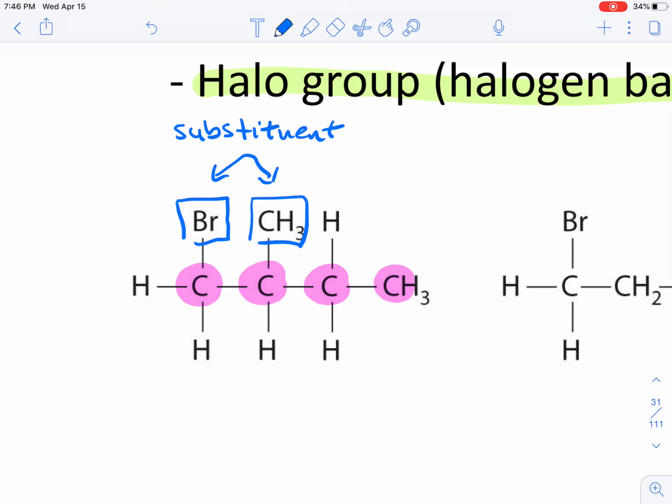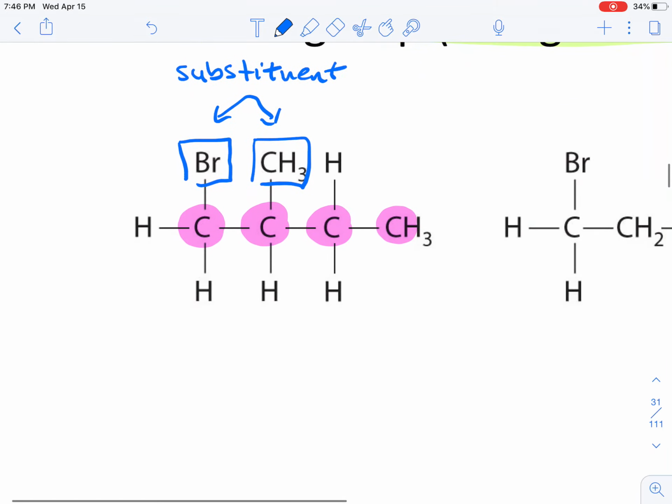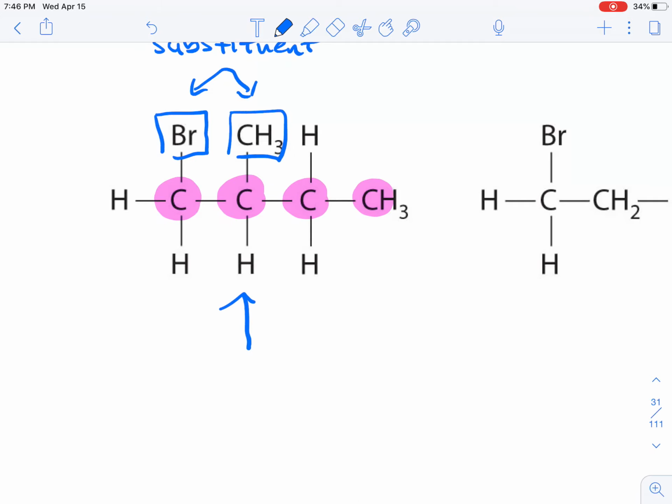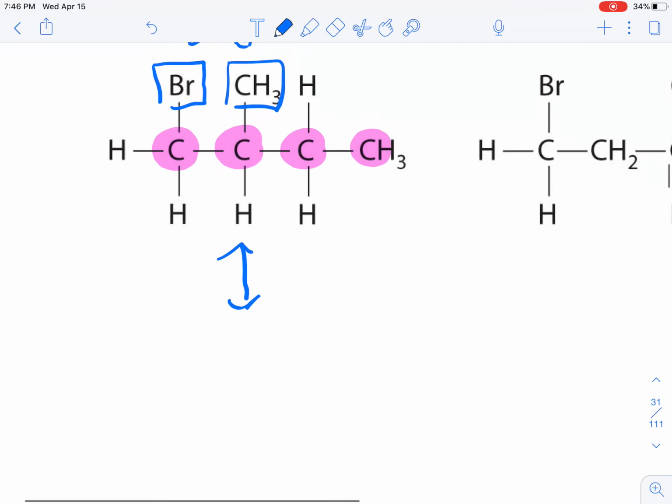I didn't box the other hydrogens, because if you recall, in organic chemistry we do not include the hydrogens in the skeletal structure. If you were to draw the skeletal structure of this compound, since we have 1, 2, 3, 4 carbons, we're going to have a chain that looks like this.